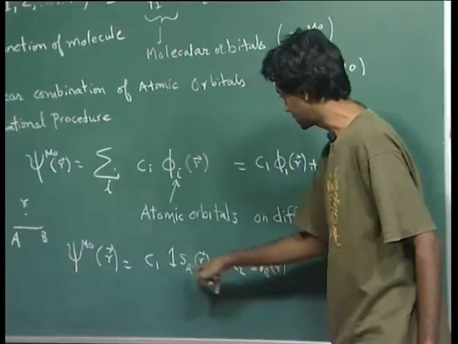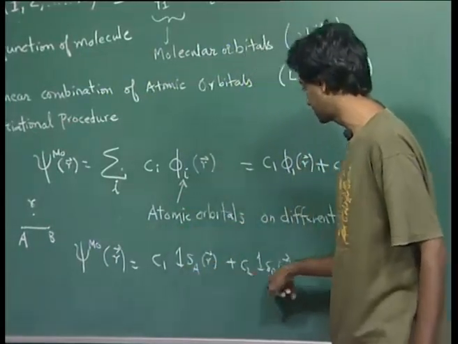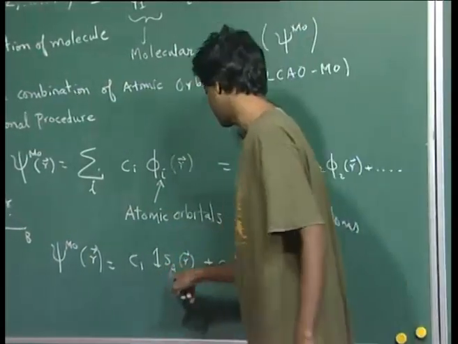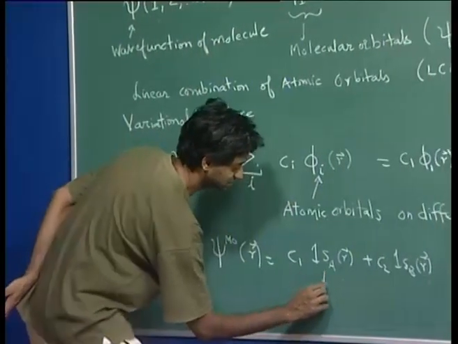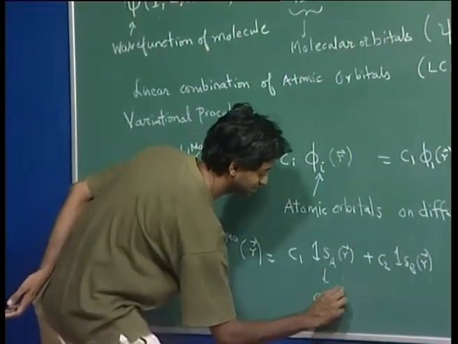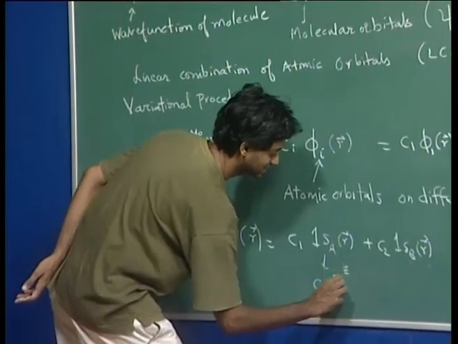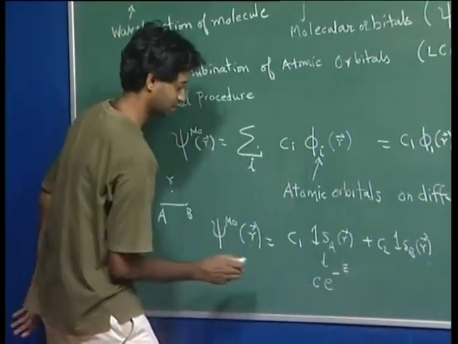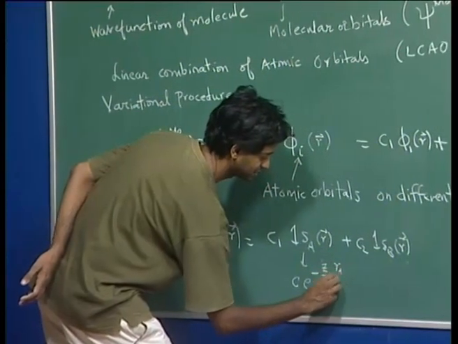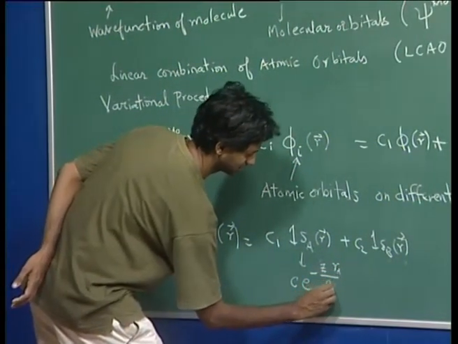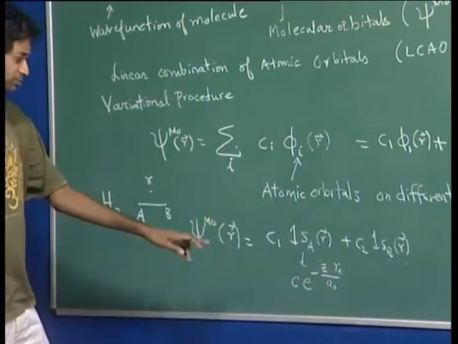Okay, but these atomic orbitals are centered on different atoms. So 1s centered at A will be some constant times e to the minus Z R A divided by a naught. a naught is a Bohr radius.